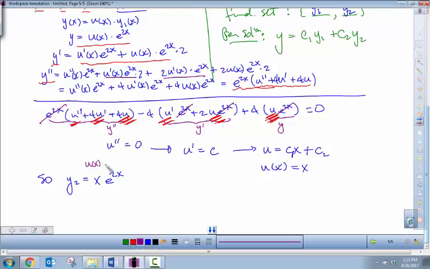That's the u of x that we found times the first solution that we had. Oh, I hope this is correct. How do we know if this is the correct solution? I suppose we can look in the back of the book.